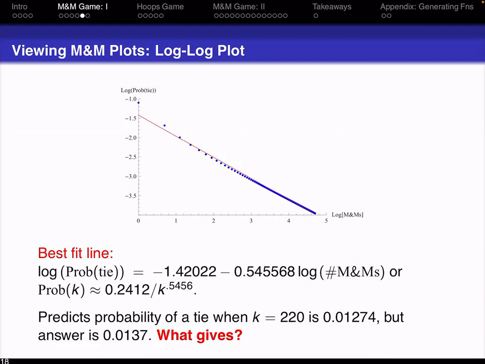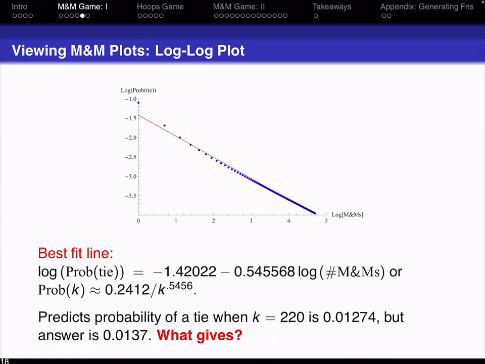If you look at the amount that we're off by, 0.00, yeah, 27, something like that. We're not off by that much. We're off by less than 0.001. But on an absolute scale, 1.37 versus 1.27, it's a sizable percentage error.